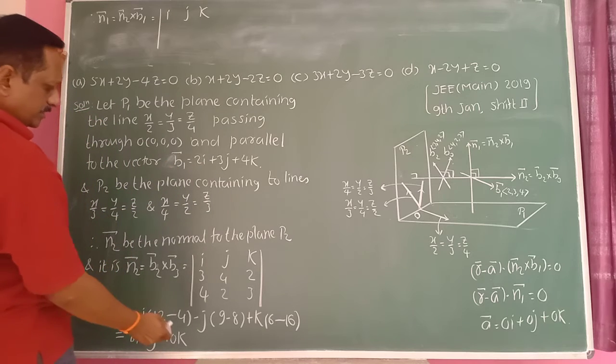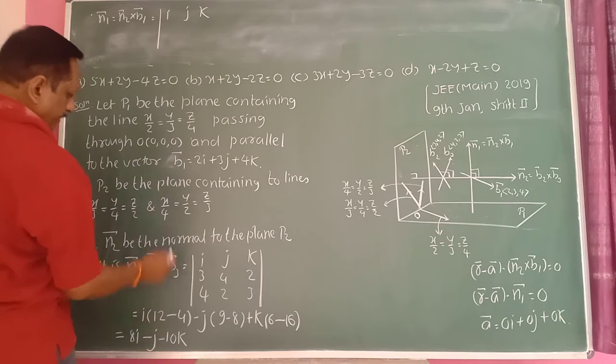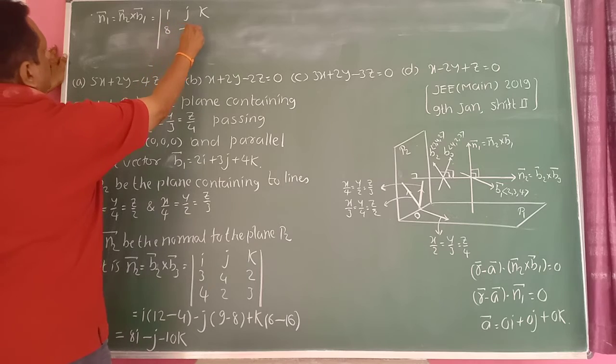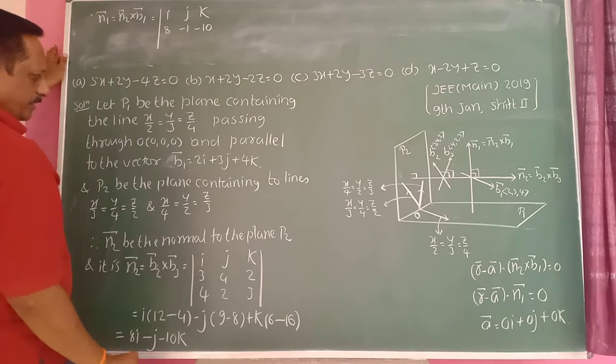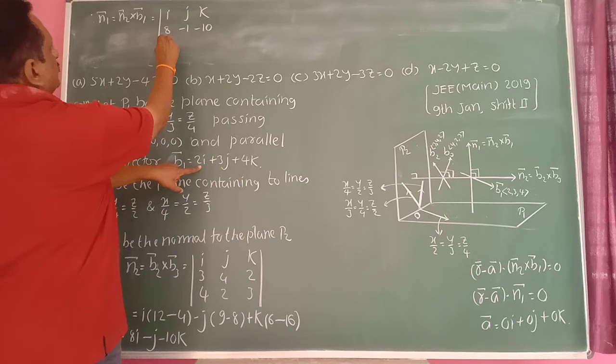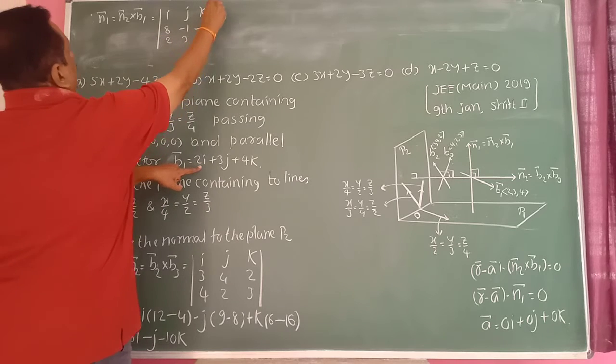So n2 is 8, minus 1, minus 10, and b1 is this vector 2, 3, 4. So write 2, 3, 4 here.